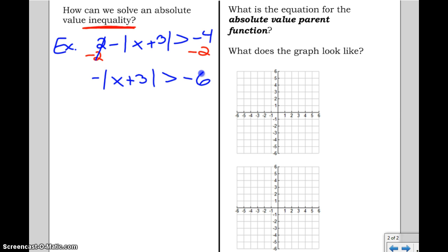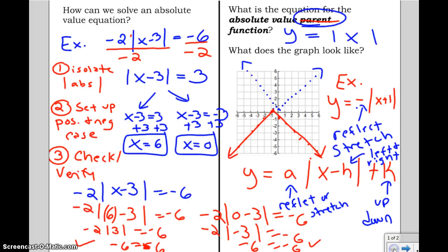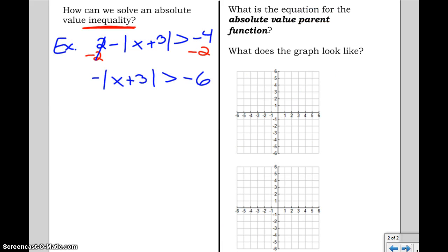The negative that's in front of the absolute value is a negative 1. Think about what we did in the last example when we had this negative 2 right here. To get rid of that negative 2, because it's a coefficient, we divided. We are going to do the same thing here. We divide by negative 1 on both sides. Since I am dividing, negative 1 divided by negative 1 will cancel out because that makes positive 1.